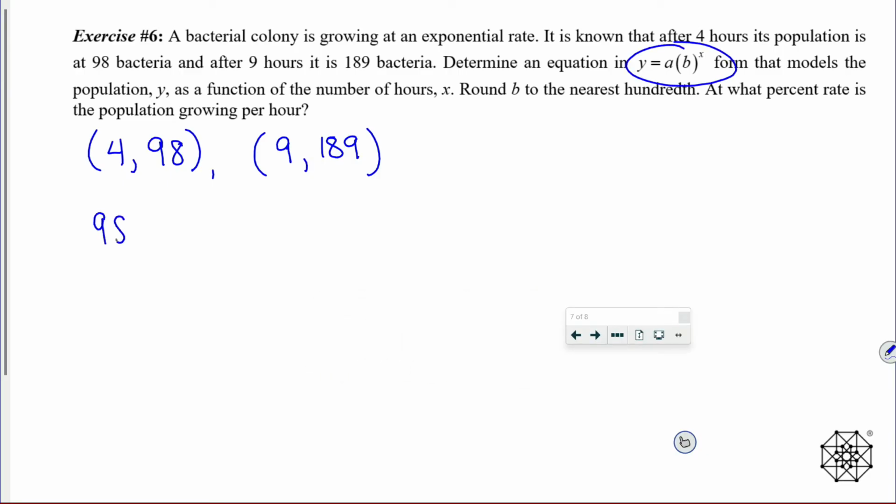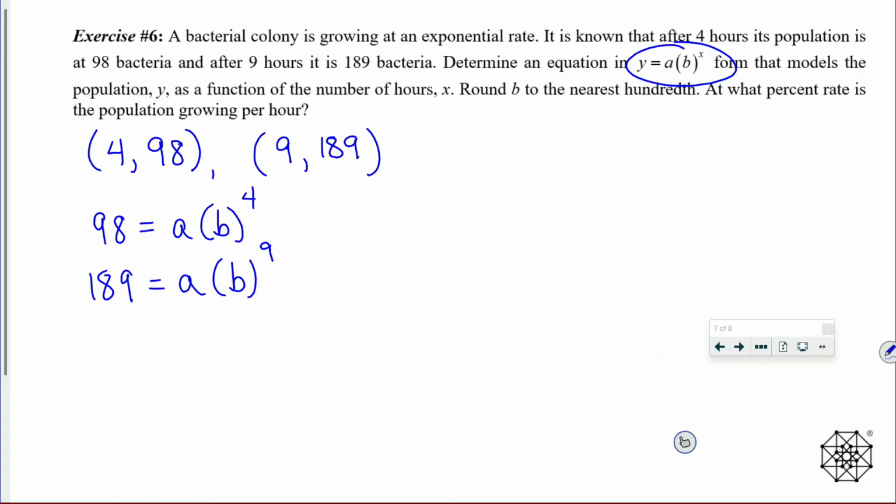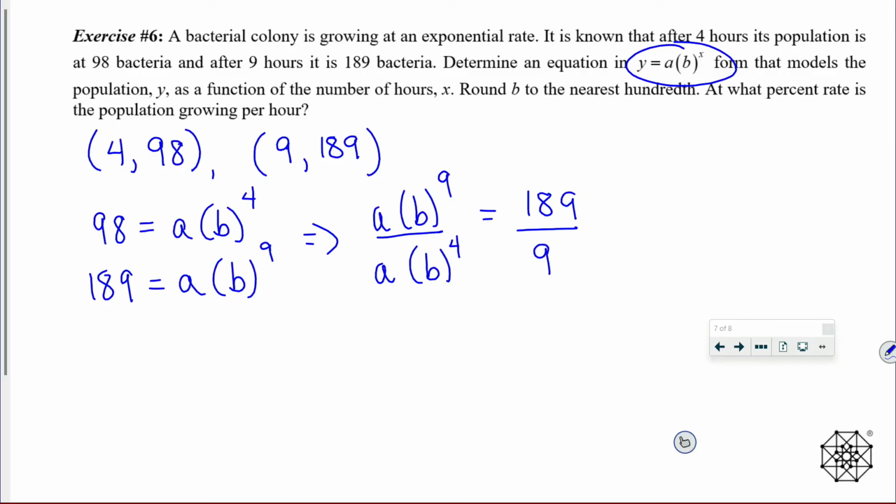So I'm going to get 98 is equal to a times b to the 4th, and 189 is equal to a times b to the 9th. I'm now going to take those two and divide them. So I'm going to have a times b to the 9th equal to 189 divided by a times b to the 4th equal to 98.